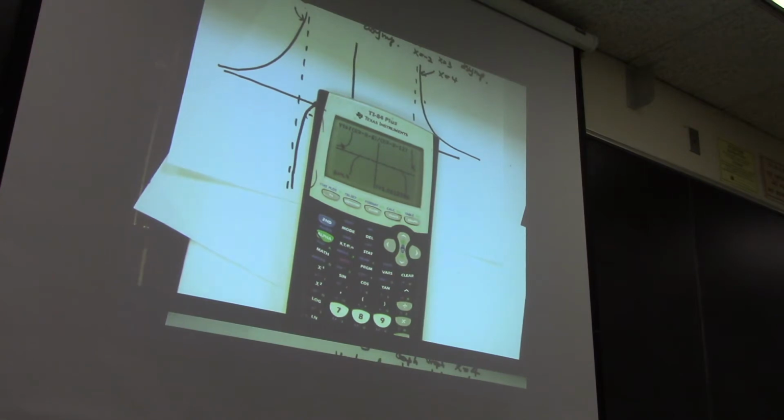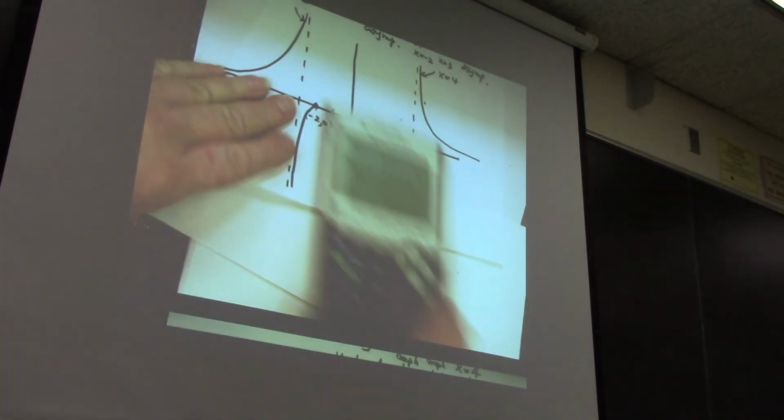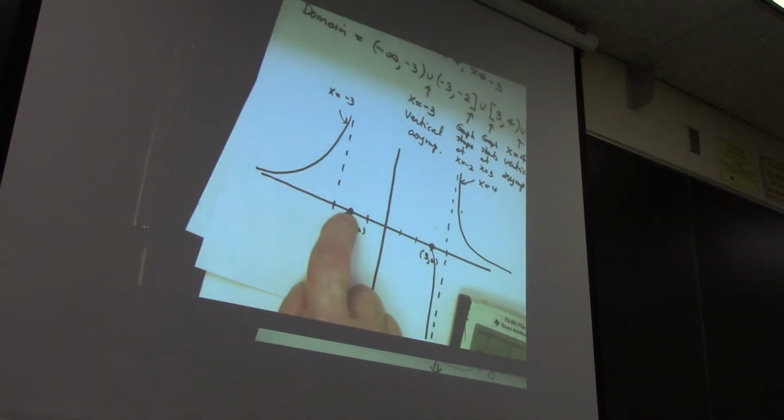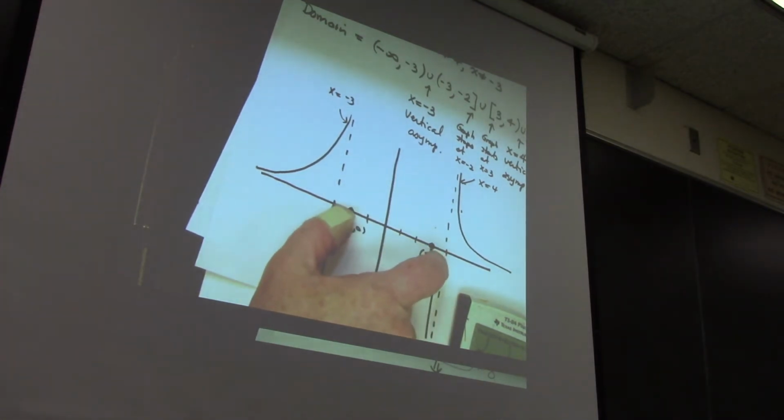So when you've gotten domains of these complicated functions, it would be instructive for you to type in the function on the calculator and look at the graph and make sure that it makes sense, okay? Again, wherever you have a square root, your graph is going to start or stop at those values that make you get 0 under the square root.